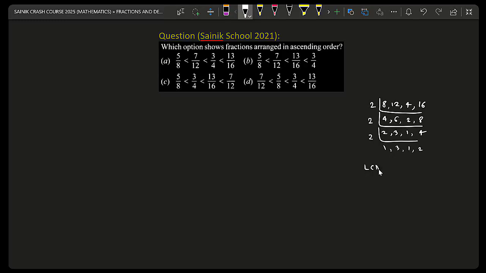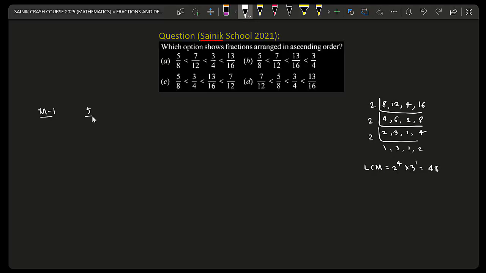So what is the LCM? 2 repeated 4 times and 3 repeated 1 time. What is it? 2 power 4 how much? 16. 16 into 3, 48. So this is method number 1 we are trying, that is equal denominators.